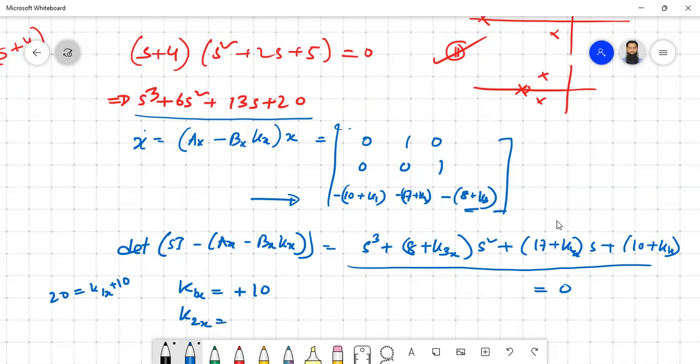K2x will similarly be minus 4, and K3x will be minus 2.